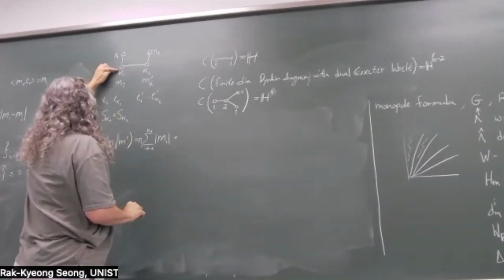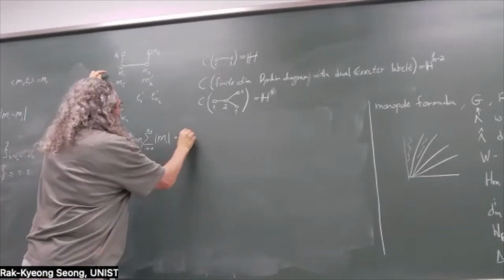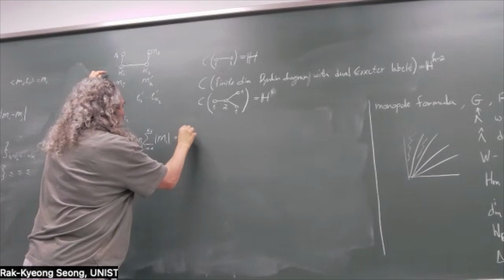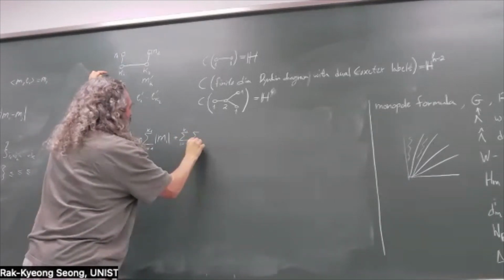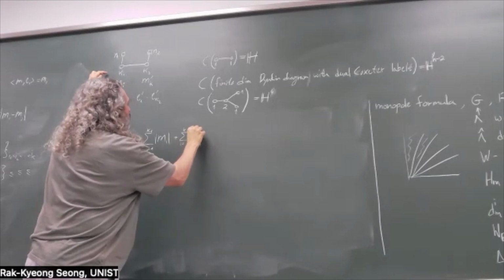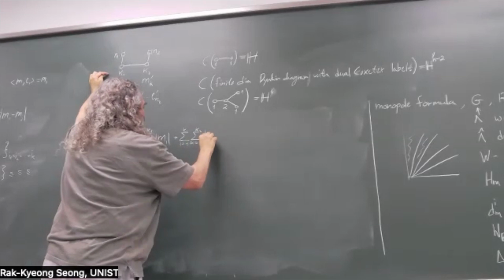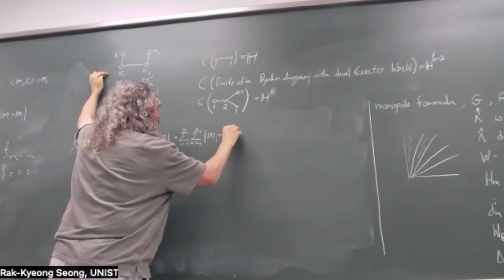And now we do the line, this line here. So I'll have sum i from 1 to K1, and another sum alpha from 1 to K2, and m_i minus m_alpha prime.